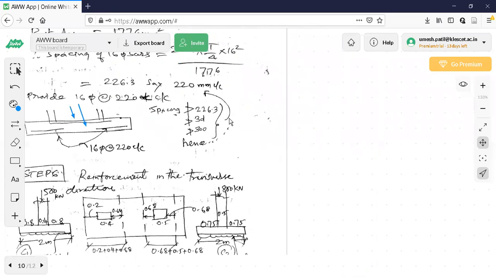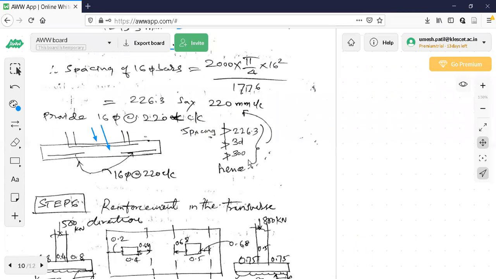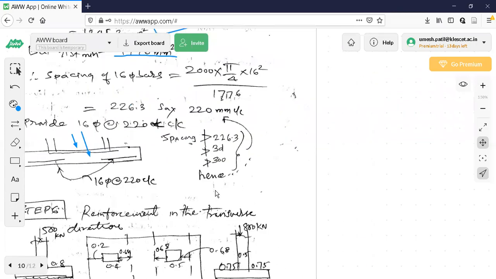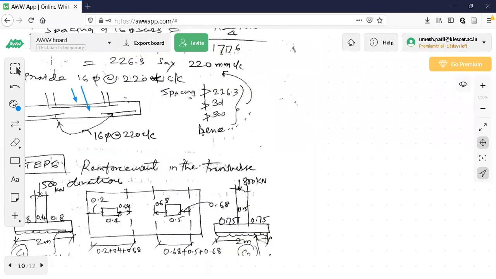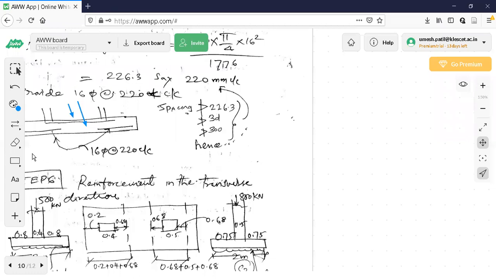Now observe here. Step 6 is very important. The reason is the way you calculate the reinforcement is different here. Observe. Now, what does reinforcement in the transverse direction mean?